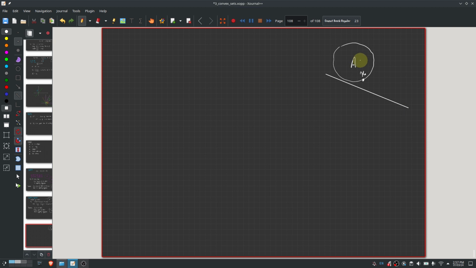Now, if I reflect, I get something else, right? But then no matter how close I move it, if I want this hyperplane to pass through this point x naught, it will not be a supporting hyperplane. That will also have a corresponding point which is at that minimum distance. Which one? The hyperplane you've chosen. Correct. There will be a point in that set which will be at the minimum distance. Okay. Correct. So you can get the supporting hyperplane for that point.